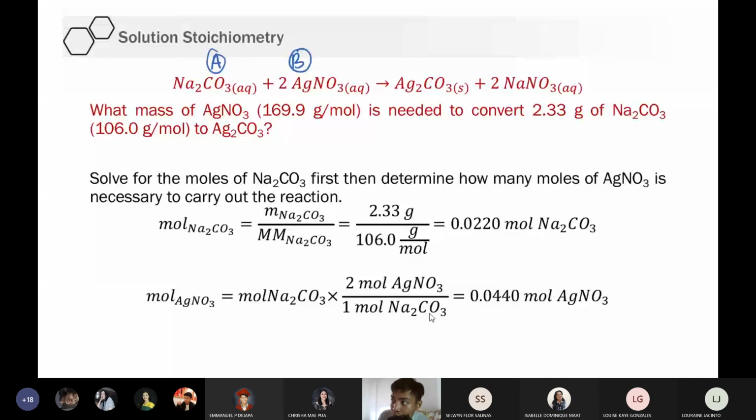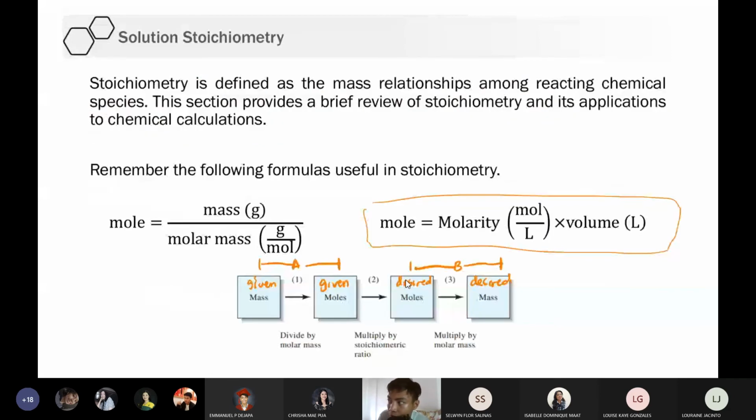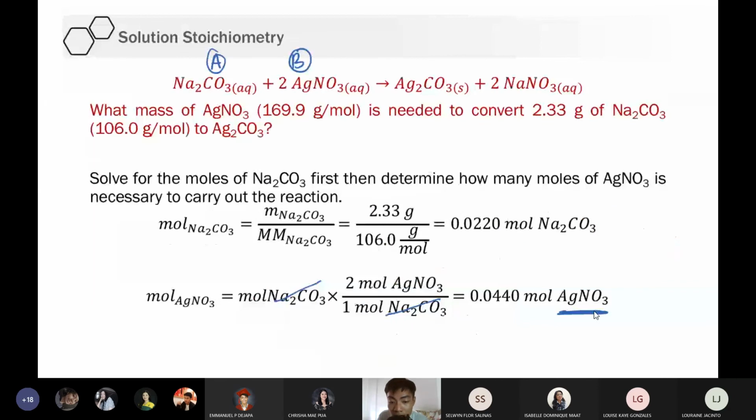Okay? So 2 to 1 or 1 to 2 yung ratio nila. Then anong gagawin? Kung ano yung value niyan, ilagay mo dyan. Sodium carbonate will cancel out, giving you silver nitrate. Okay. Nandito ka na sa mole ng desired substance. Meron ka ng mole ng silver nitrate na gusto mo.